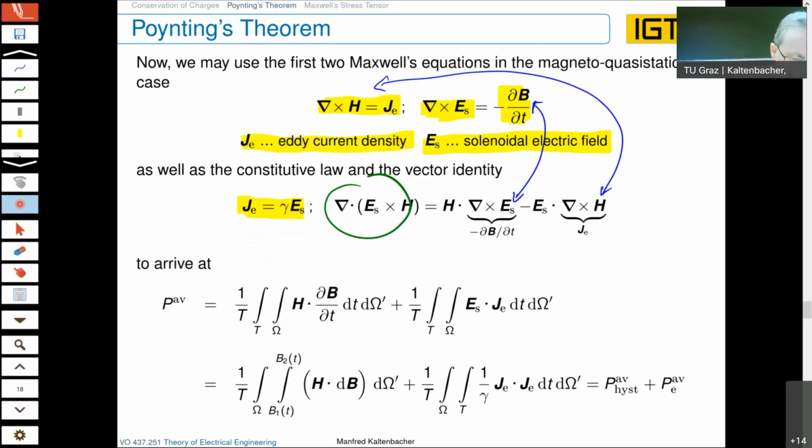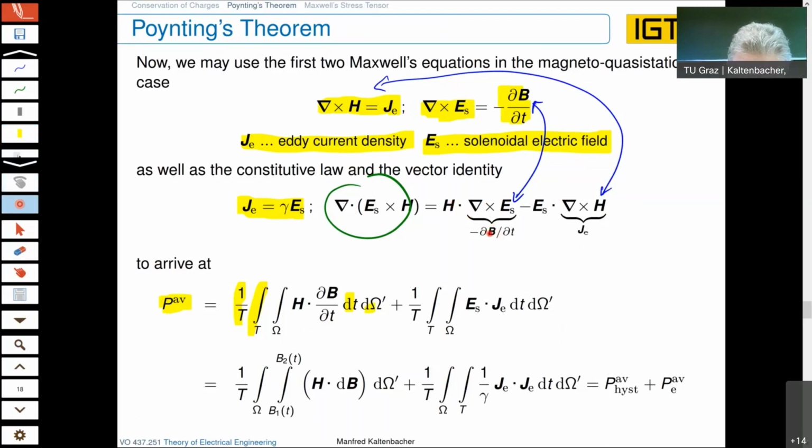Okay, so now let's come back to our formula for the losses. We have to integrate over one period, and in addition, clearly we have to integrate over the volume. Now let's look at what we have. This term is H dot product with the time derivative.